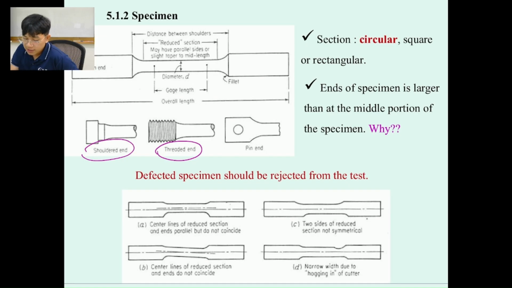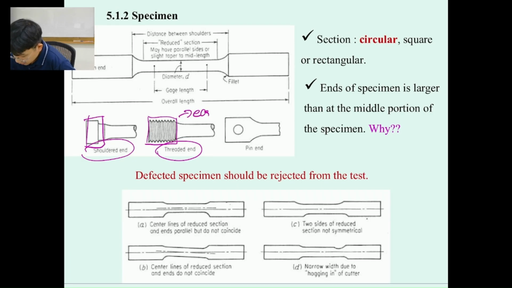The reason we use this type of threaded end and shoulder end is just that it's easy to install compared to the other type. And then for the specimen, you can see that we're going to have some increment.